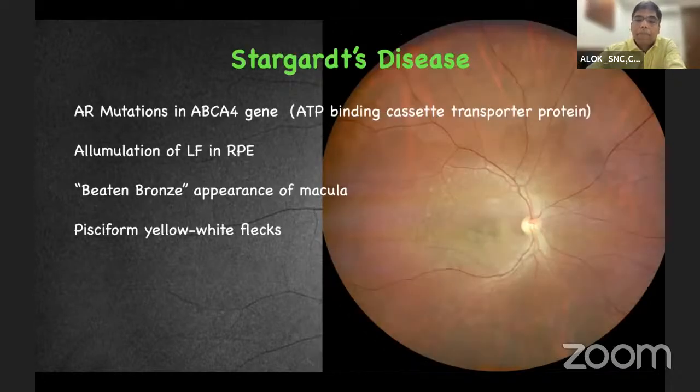autofluorescence imaging. The other common retinal pathology or hereditary dystrophy is Stargardt's disease. What you see here is the classic beaten bronze appearance of the macula because of the RPE atrophy. And this is surrounded by pisciform yellow-white flecks.